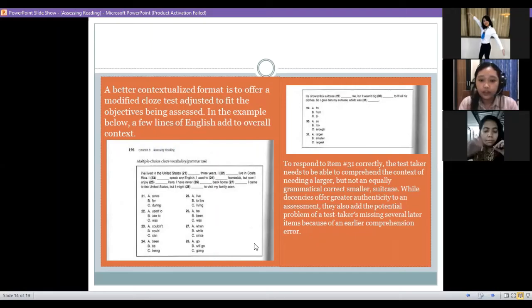And then to respond to item 31 correctly, the test taker needs to be able to comprehend the context of needing a larger but not an equal grammatically correct smaller suitcase, while the items gather authenticity through an assessment. They also add the potential problem of the test taker missing several items because of an earlier comprehension error.